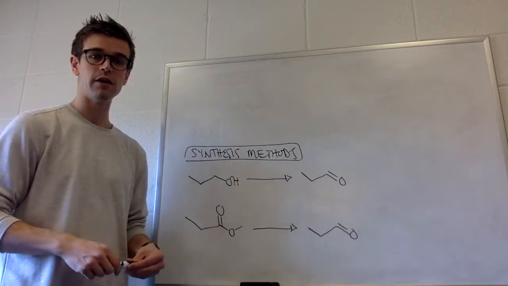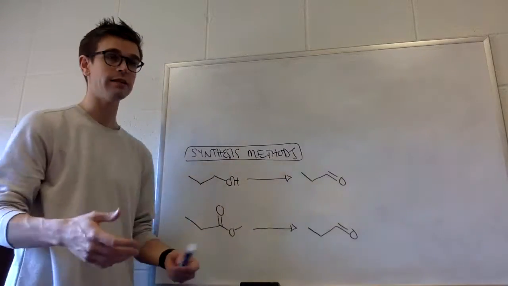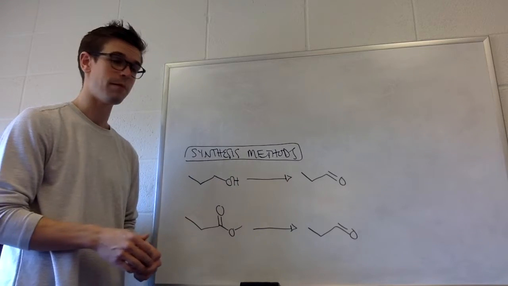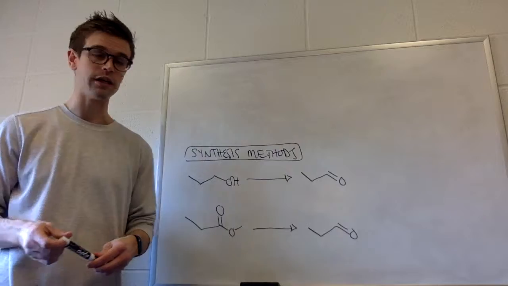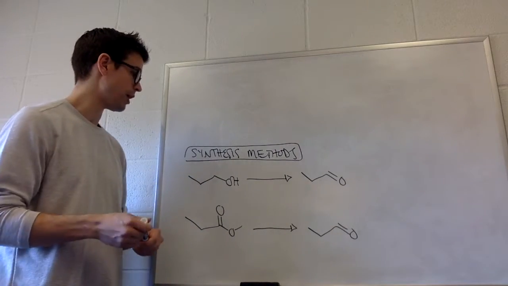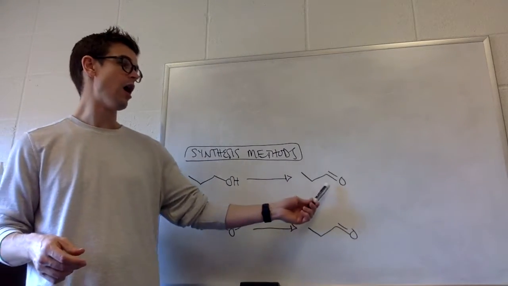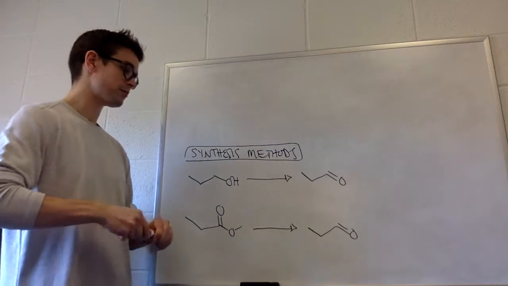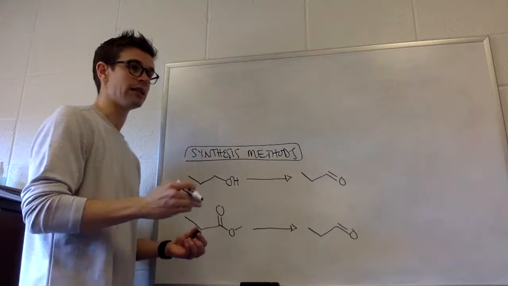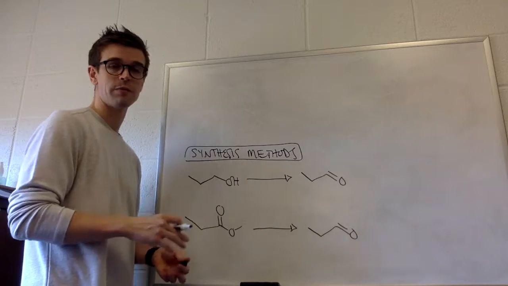Take a minute, pause the video, and see if you can rationalize what reagents we would be using here. All right, unpaused. We have an alcohol. We oxidize that alcohol to the aldehyde. The oxidation reagents that we learned about are those chromium-based reagents.